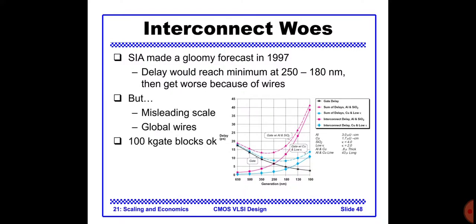The SIA made a gloomy forecast in 1997. Delay would reach a minimum at 250 to 180 nanometer, then get worse because of wires, but this is misleading because it scales global wires. The 100 kilo gate blocks are OK.